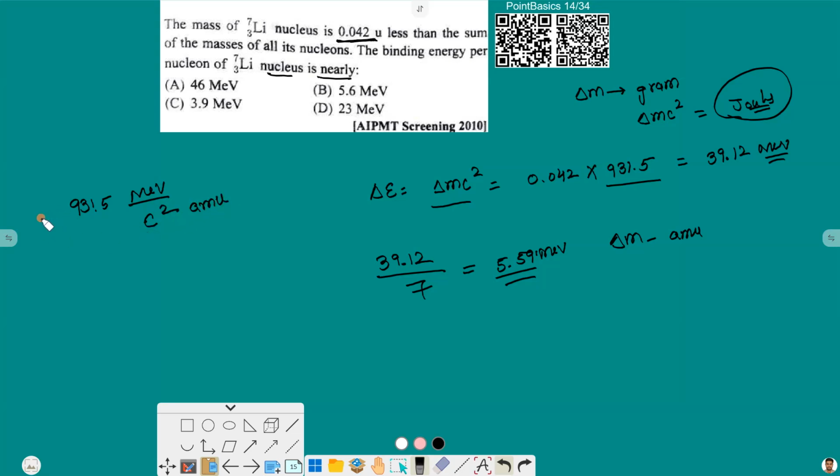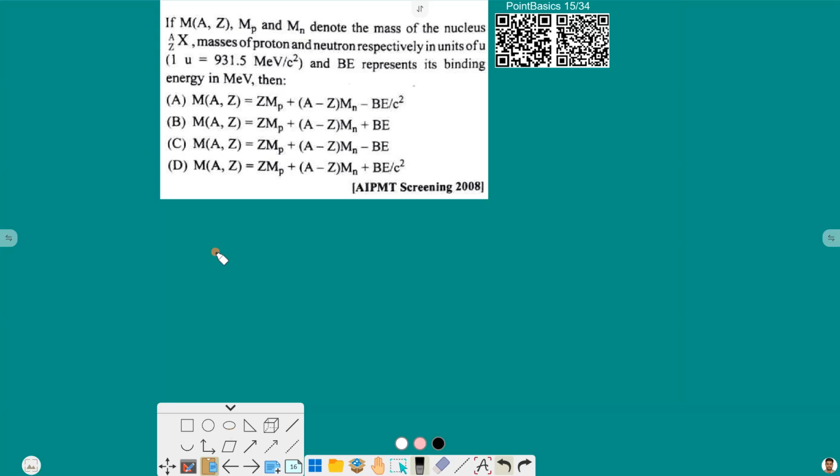So if we multiply it by delta M, that C square gets cancelled, the unit of mass AMU also gets cancelled, and we are only left with MeV. So that answer will be 5.59. That is option B. Now let's move ahead.